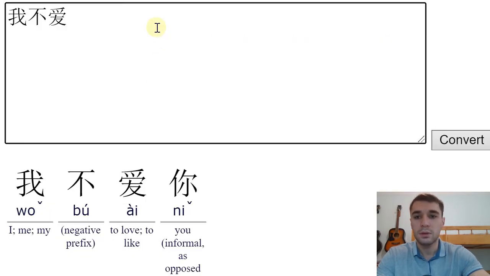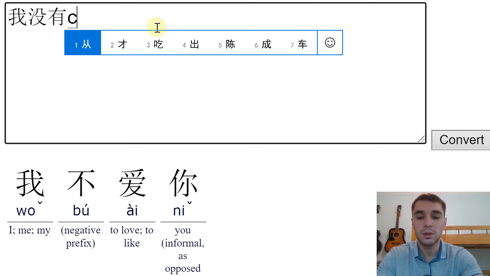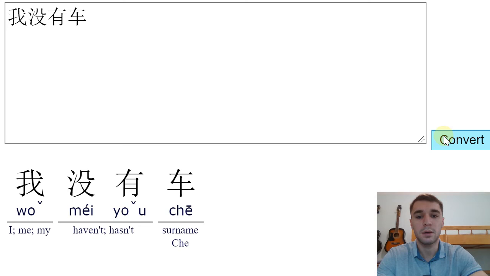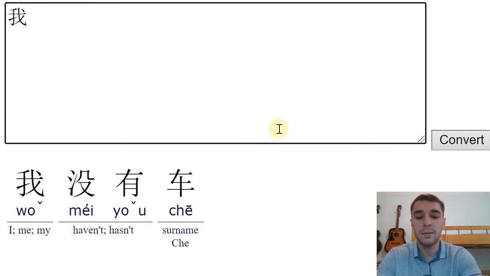Some quick examples. How to say I don't have a car. 我没有车. I don't have a car. How to say my family doesn't have a restaurant. My 我 family 家 my family. Don't need to write the word for "my" because family is close.